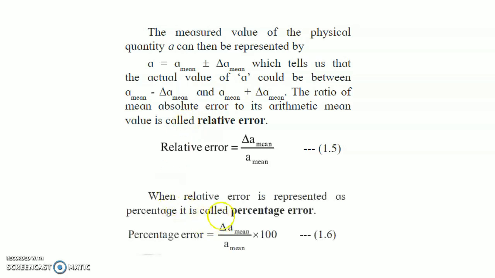Now let us find the percentage error. For finding percentage error, you have to multiply relative error by 100. So percentage error is equal to delta A mean divided by A mean multiplied by 100.